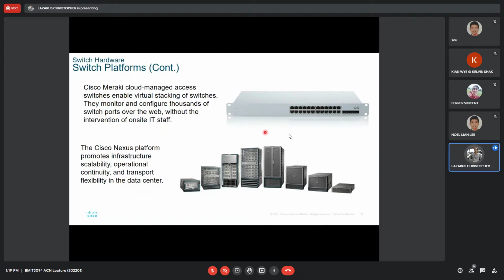So you can do so remotely, accessing via the cloud. Quite advanced. Cisco Nexus promotes scalability, so you can start off small and then build up. As the sizes increase, the capability increases. This is another Cisco offering.